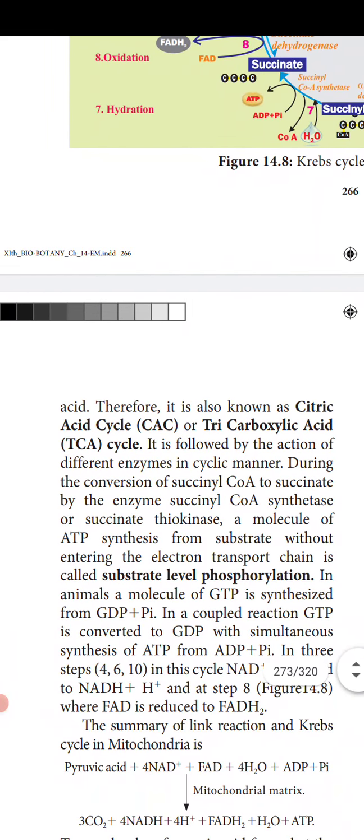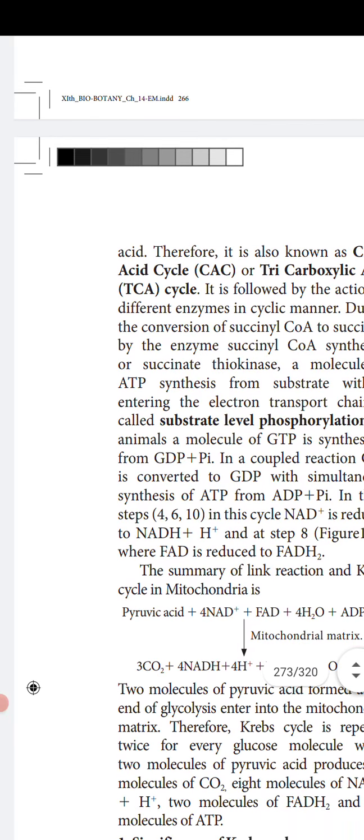Therefore it is also known as the citric acid cycle or tricarboxylic acid cycle. It is followed by the action of different enzymes in a cyclic manner, during the conversion of succinyl coenzyme A to succinate by the enzyme succinyl coenzyme A synthetase or succinate thiokinase. A molecule of ATP synthesized from the substrate without entering the electron transport chain is called substrate level phosphorylation. In animals, a molecule of GTP is synthesized from GDP.